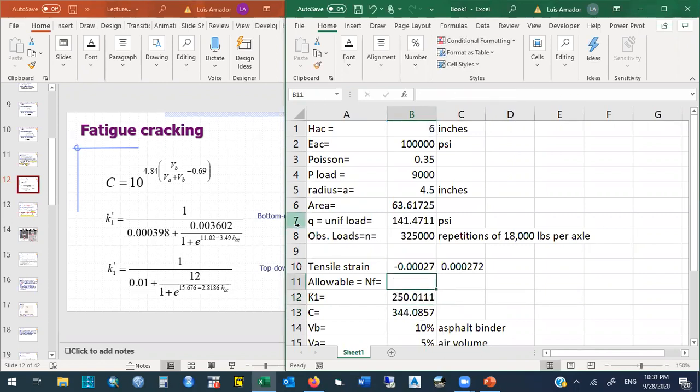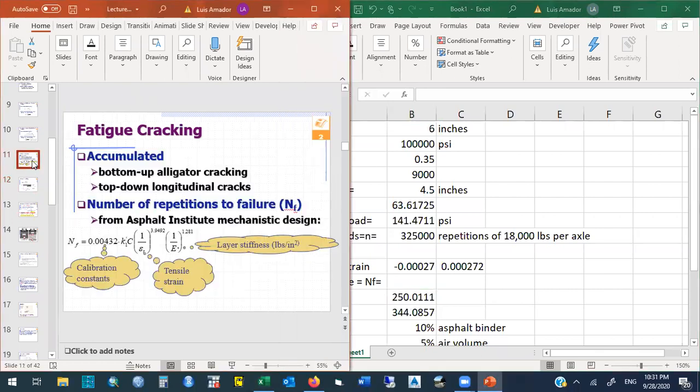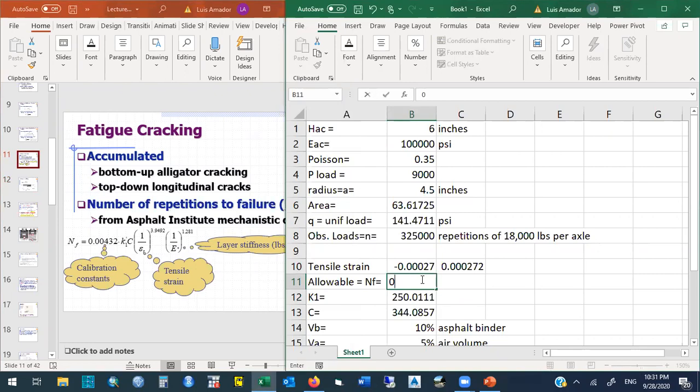So I can go back now to NF. My NF is going to be 0.0032 times Q1. Oh, sorry, I forgot the equals here.